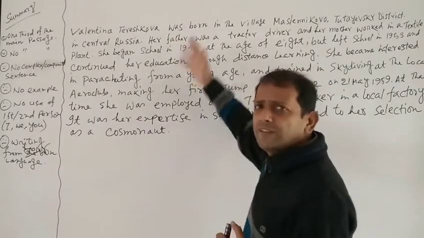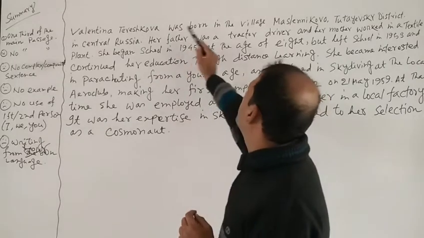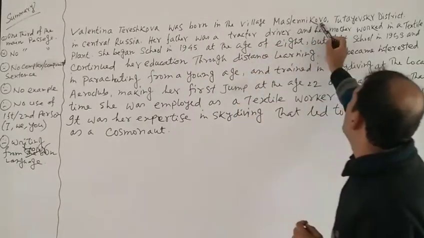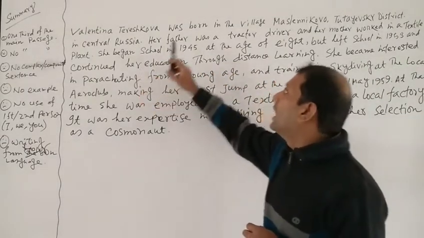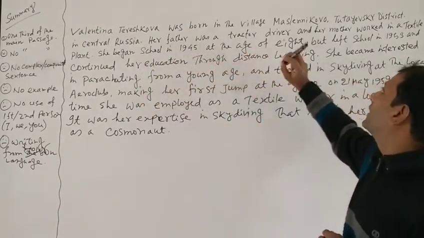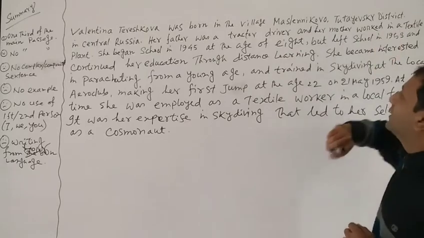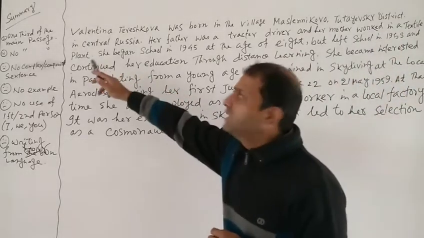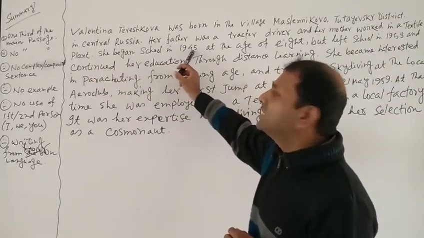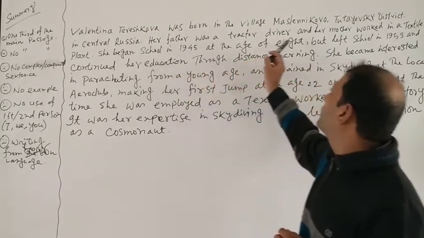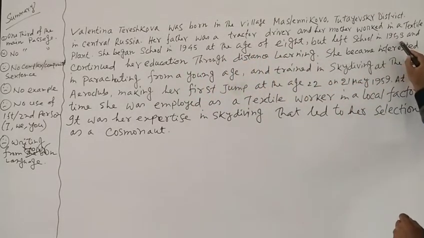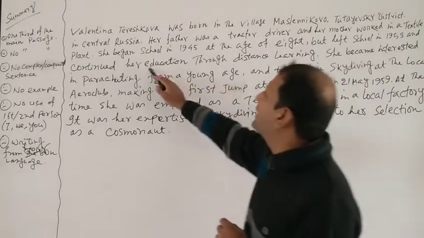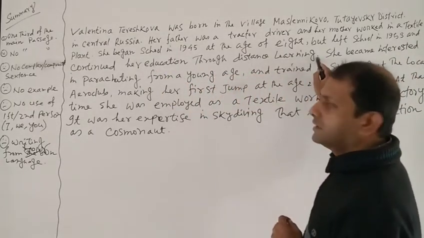I have written a passage here, right? Valentina Tereshkova was born in a village Maslenikovo, Totaivsky district in central Russia. Her father was a tractor driver and her mother worked in a textile plant. She began school in 1945 at the age of 8, but left school in 1953 and continued her education through distance learning.